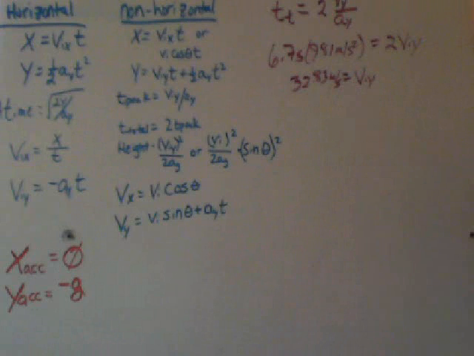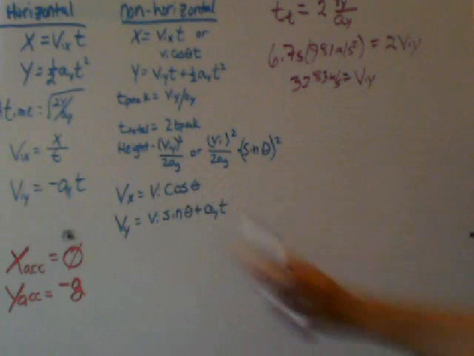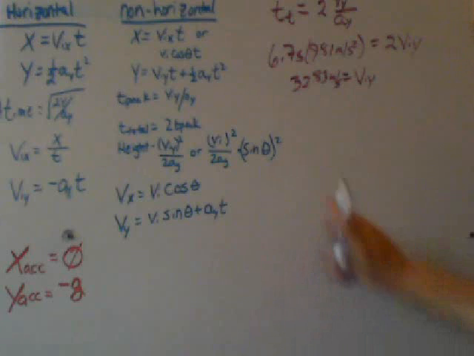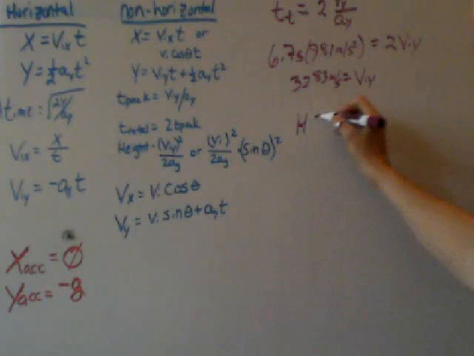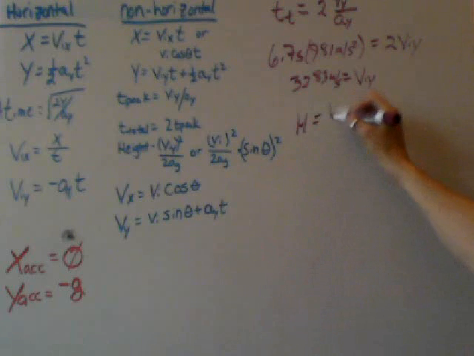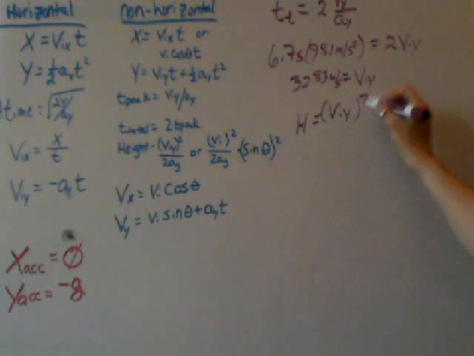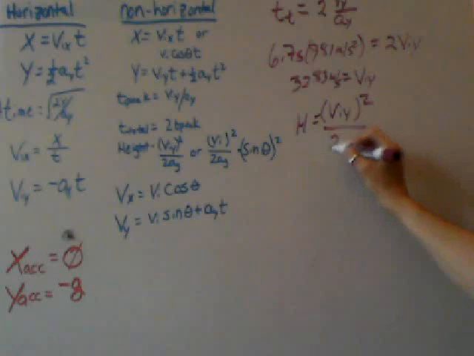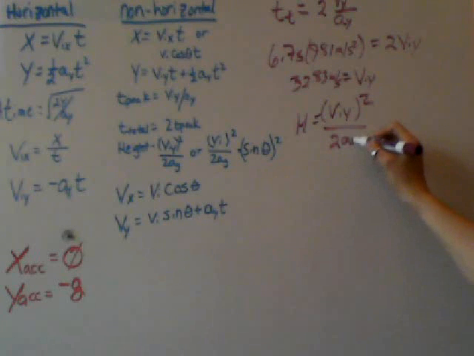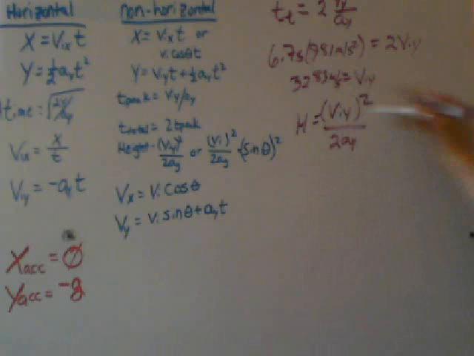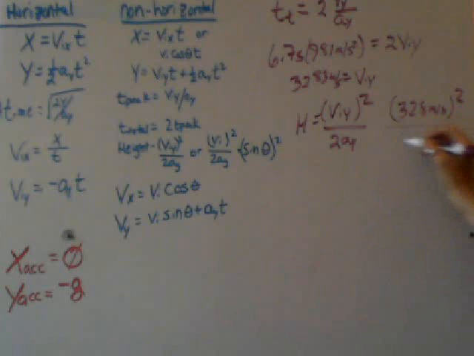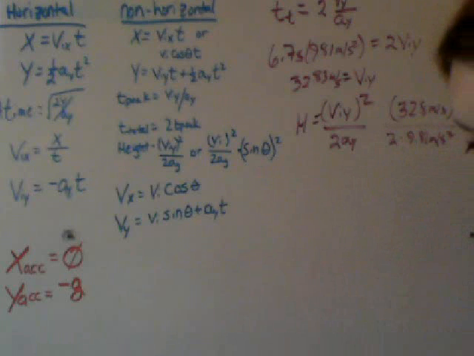Once we have the velocity in the y direction, we can calculate the height. And so we solve height equals velocity in the y direction squared divided by twice the acceleration in the y direction. So plugging those in, we get 32.8 meters per second squared divided by 2 times 9.81 meters per second squared.